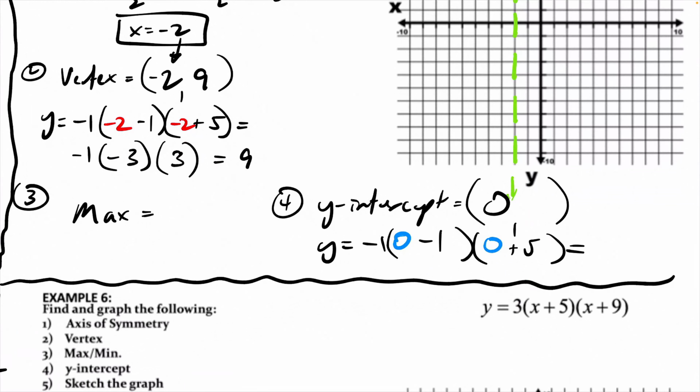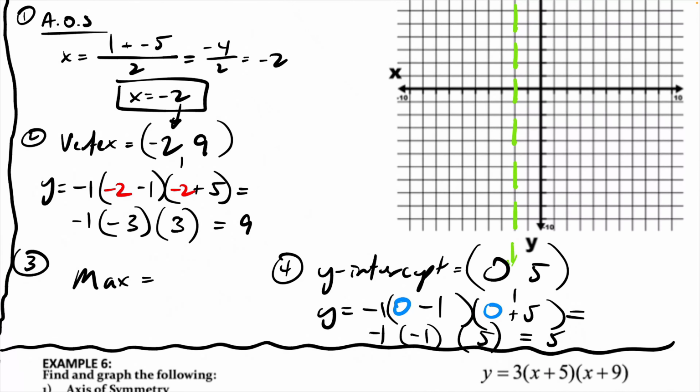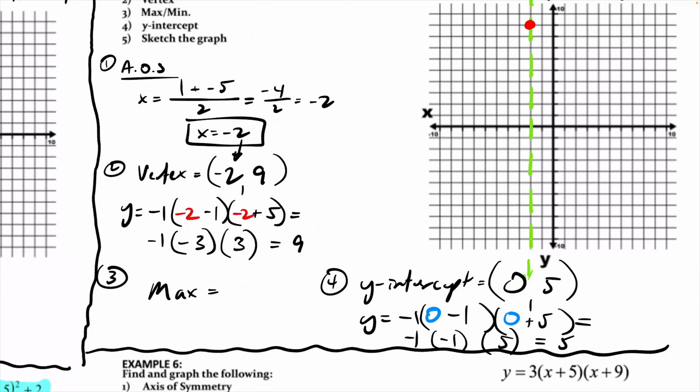Zero minus 1 is -1. 0 plus 5 is +5, and then I move down the -1 at the beginning. I get +5. That confirms it has to go arrows down.